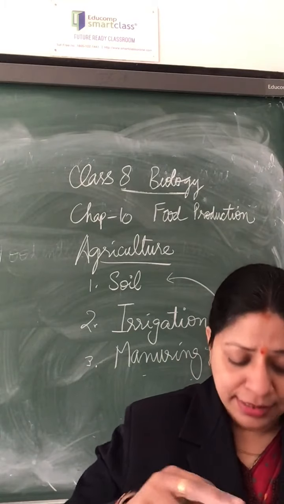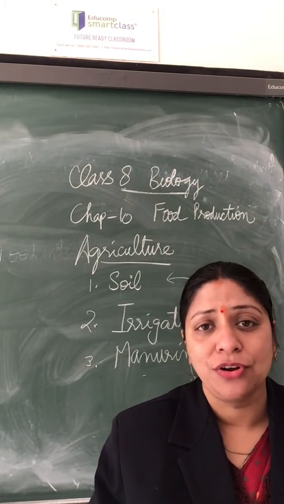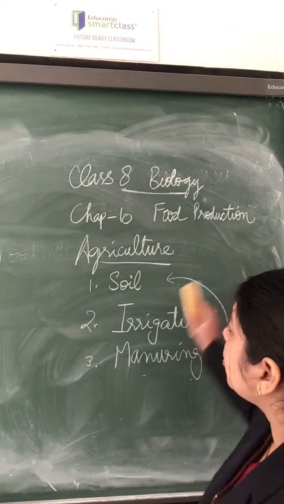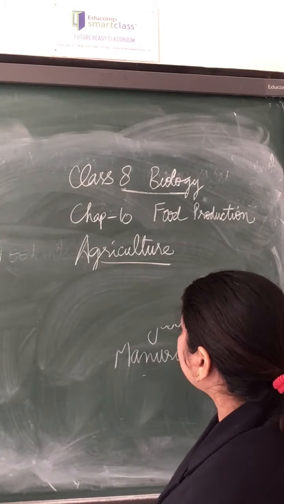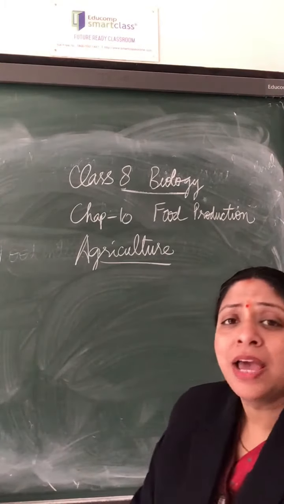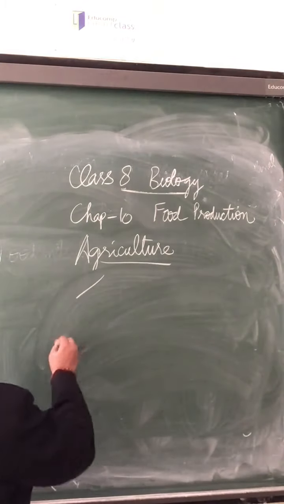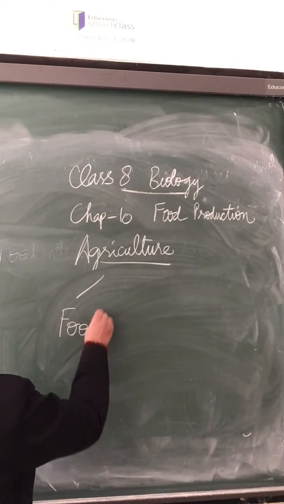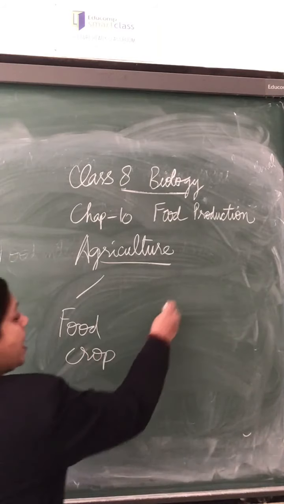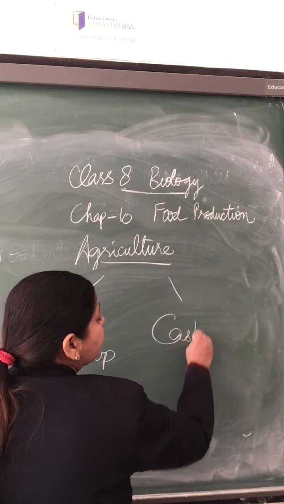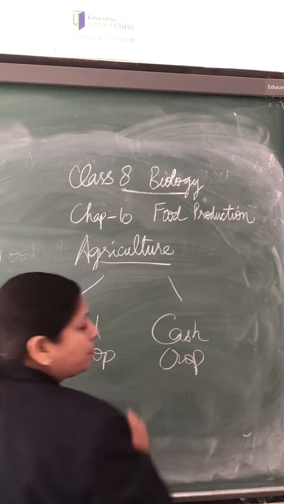Now let us start with the classification of crops. Depending upon their uses, plants or crops can be divided into a few categories. The very first one is called a food crop, and the other one is called a cash crop.